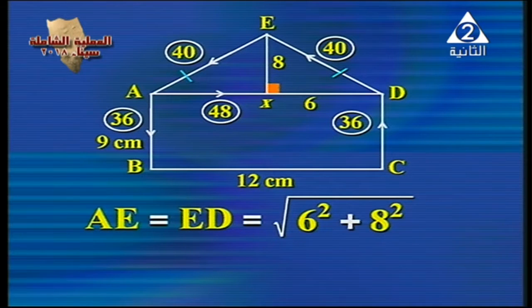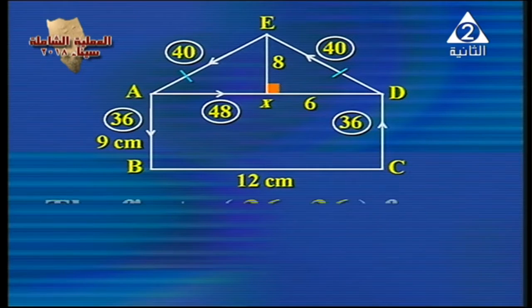AE equals ED, isosceles triangle, equals 6 power 2 plus 8 power 2, which equals 10. By Pythagoras theorem, AE equals EX power 2 plus AX power 2, equals 6 power 2 plus 8 power 2, equals 10.